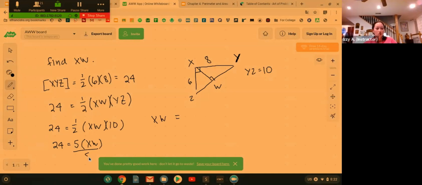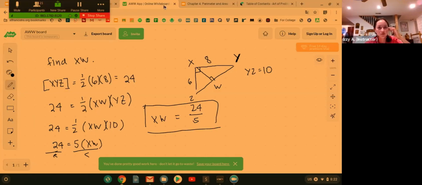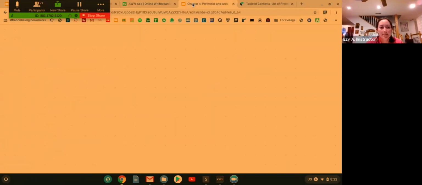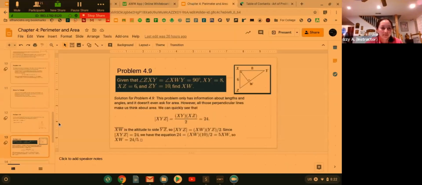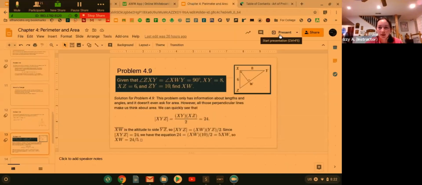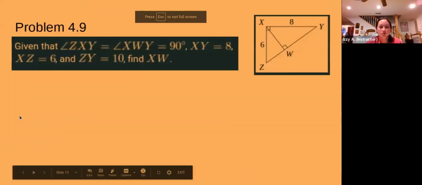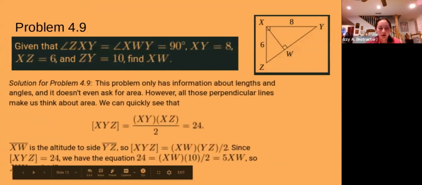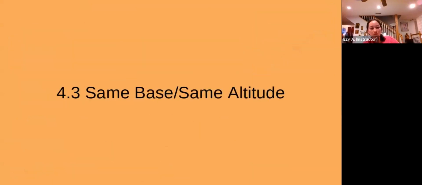If we divide by 5 on both sides, then our final answer is XW is equal to 24 over 5. So that was our final answer.